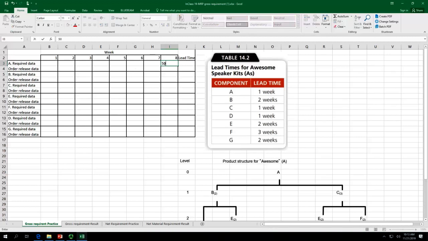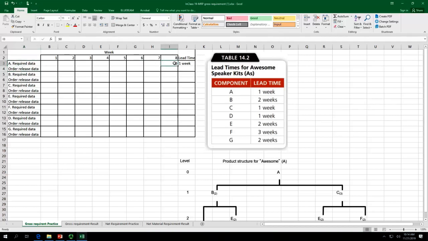You want to provide it to the customer, and because it just needs 1 week of production or assembly, you want to make sure you have the order and received date required.